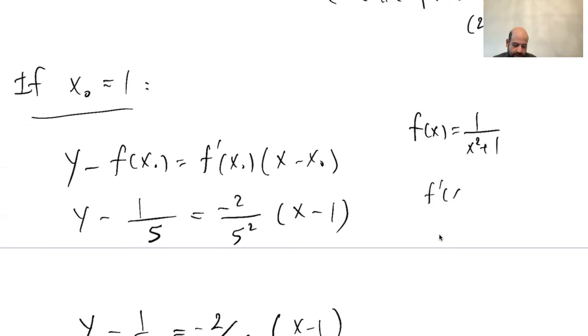F prime of x is minus 2x over (x squared plus 1) the whole squared.